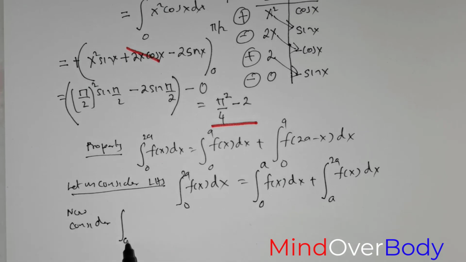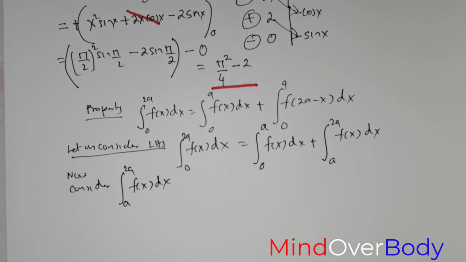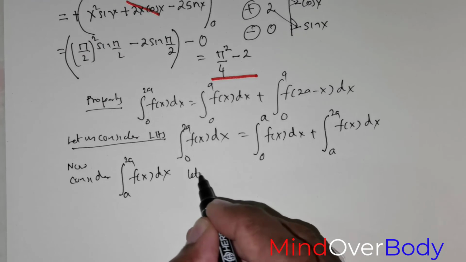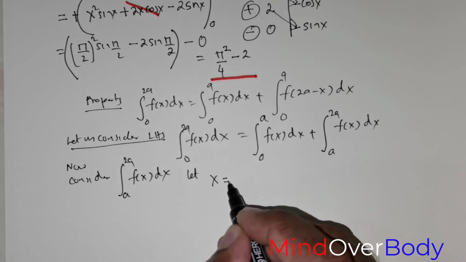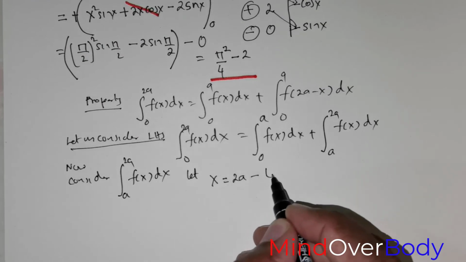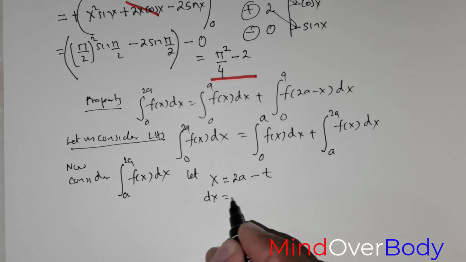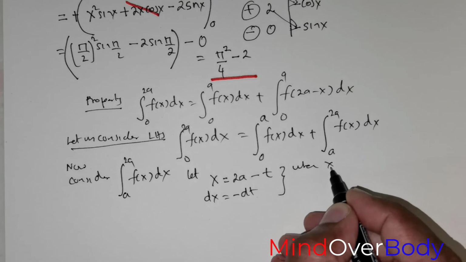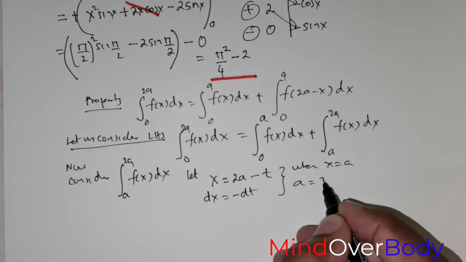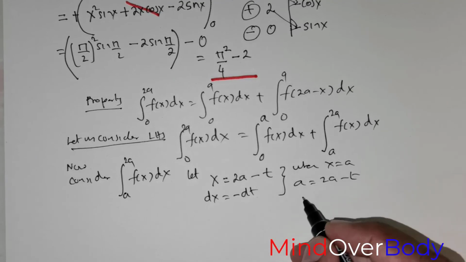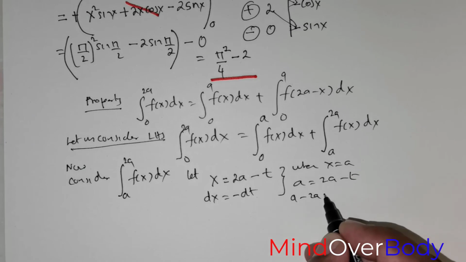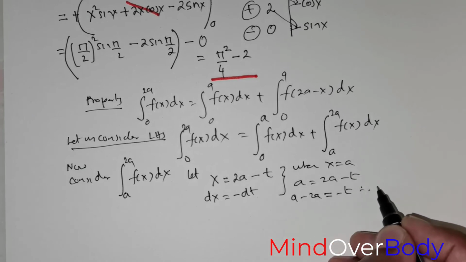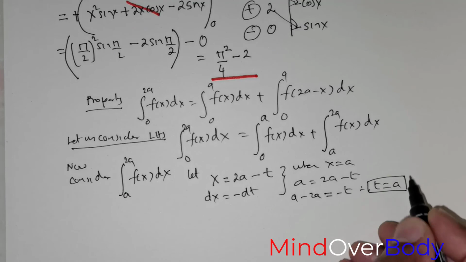I would just like to consider this part. Consider integral a to 2a f of x dx. So now let us make the following substitution. Let x be equal to 2a minus t. So from here dx is going to be negative dt. Now when x is equal to a, the limits for t would be a equals 2a minus t, therefore t is equal to a.